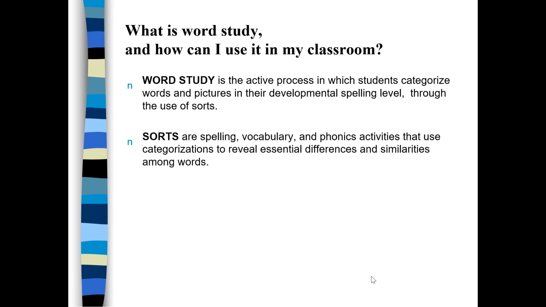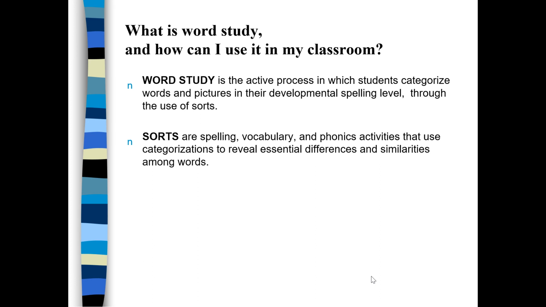This is where we give the spelling inventory. We have to know their level so that then we can build our active process so that students can categorize words and pictures at their level. Word sorts are those things that we can help students use to practice spelling, to practice vocabulary, and phonics activities.